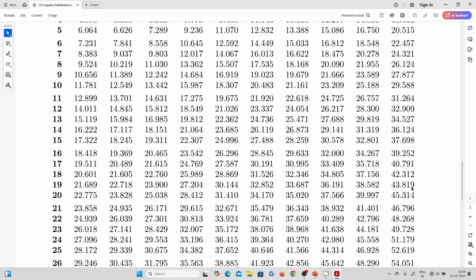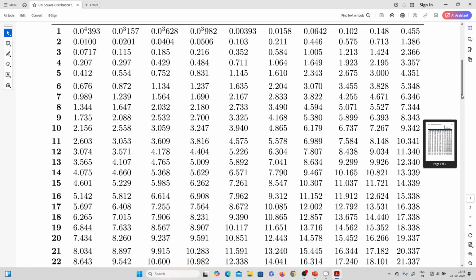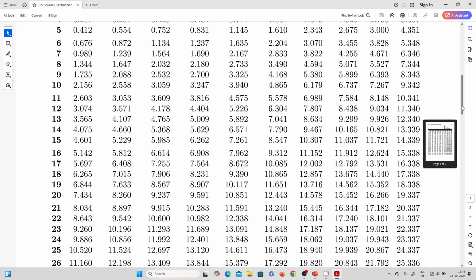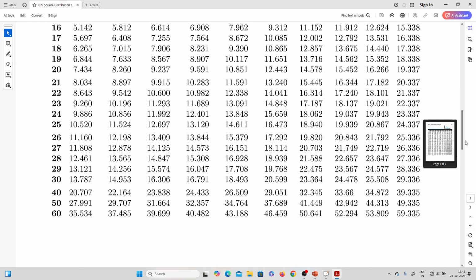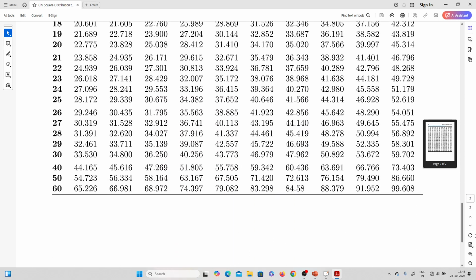So search for 47.5 in the row. It's not there on the table.